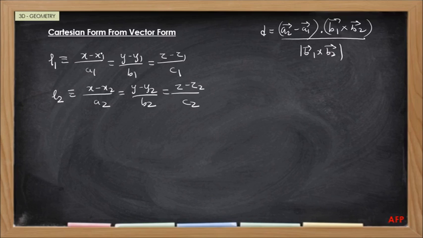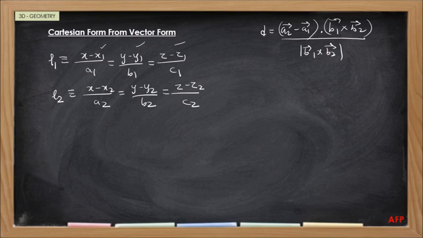So here it is a line passing through the point x1 y1 z1 and parallel to a vector whose direction ratios are a1 b1 c1. The second line is a line passing through the point x2 y2 z2 and parallel to a vector whose direction ratios are a2 b2 c2. This is what the concept is.